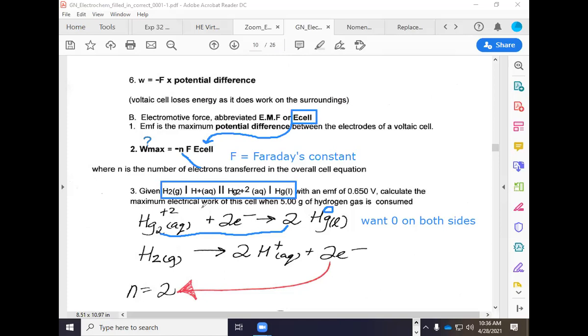Then I look at my other half reaction, and that was hydrogen gas. And I know because there's 2 here, I had to on my own put the 2 here. And this one also is just a coincidence. This one also we want a 0 on both sides.